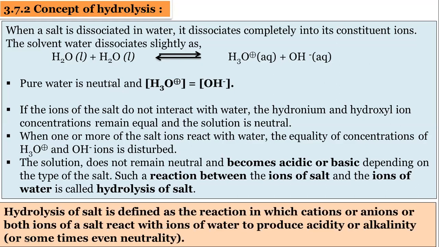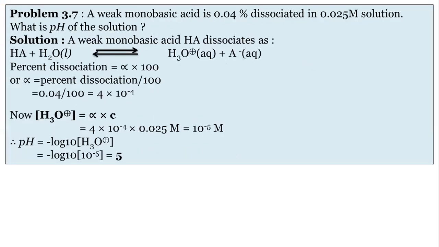Pure water is neutral because the concentration of H3O+ and the concentration of OH- is the same. In pure water, both are exactly equal to 1 × 10^-7. In the ionic product of water, I will show.